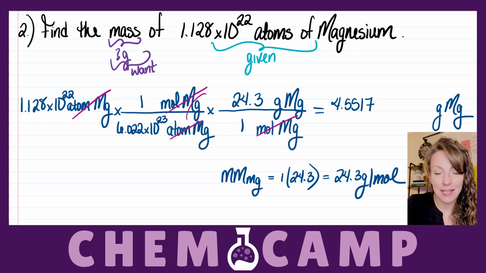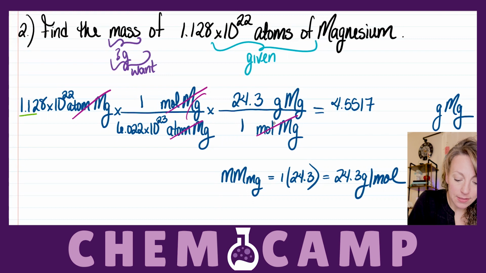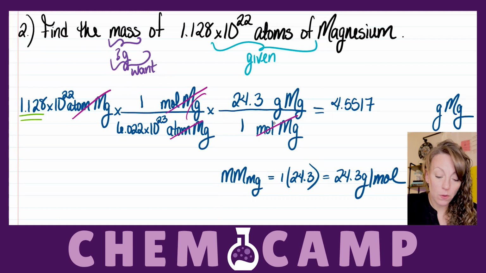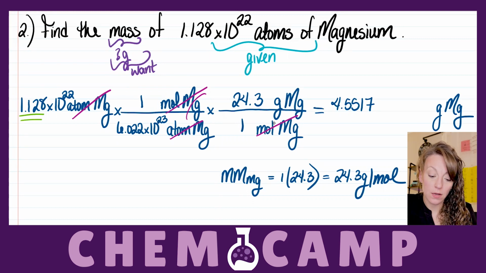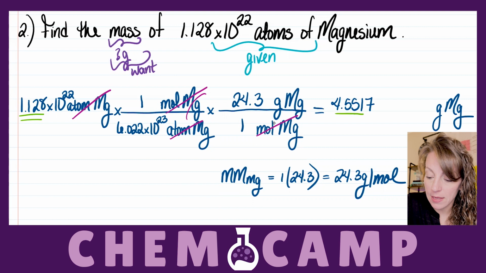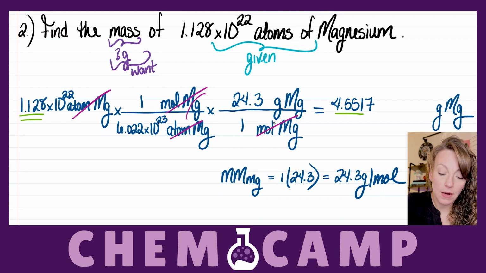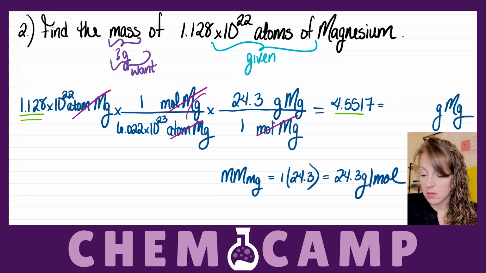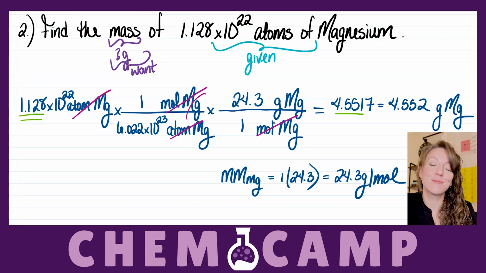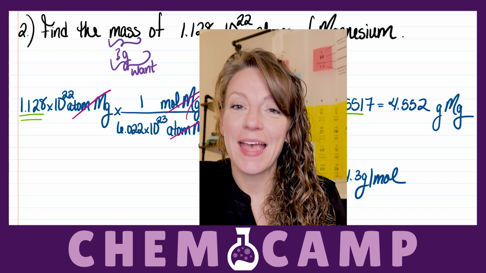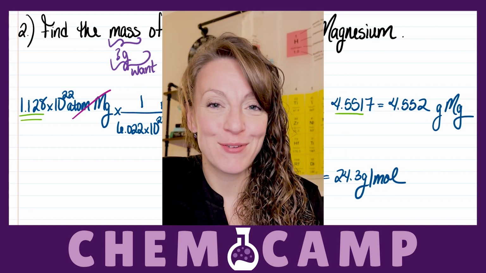Now, again, we got to take a look at that given. In this given, we've got 4 sig figs because the 1, 1, 2, 8 are all significant figures. So that means I can have 4 sig figs in my answer. So I'm going to round this answer to 4.552 grams of magnesium.